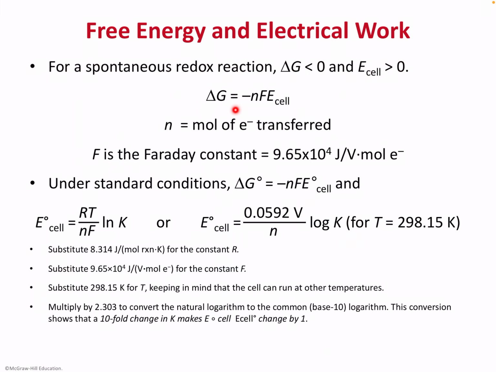So one equation that we can connect delta G and E cell, delta G equals negative nFE cell. And then we can also connect E naught cell to K, the equilibrium constant, using these two equations.